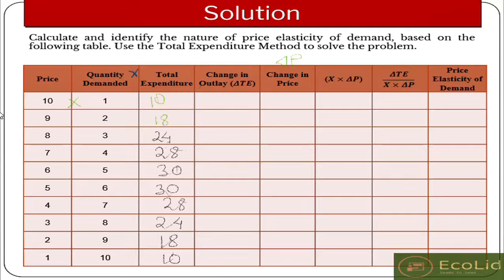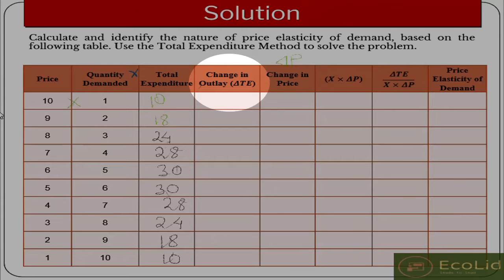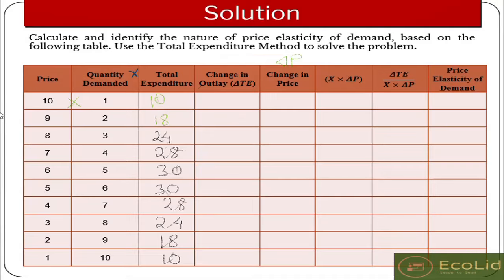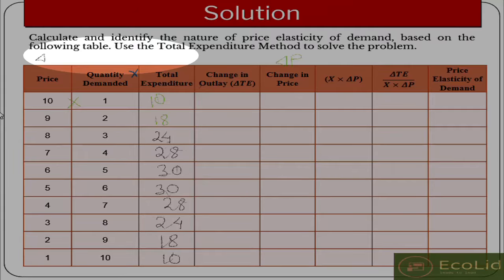Now change in the total outlay, definitely for the first row we cannot calculate, because the change in the total expenditure formula is the final value of total expenditure minus the initial value of total expenditure.